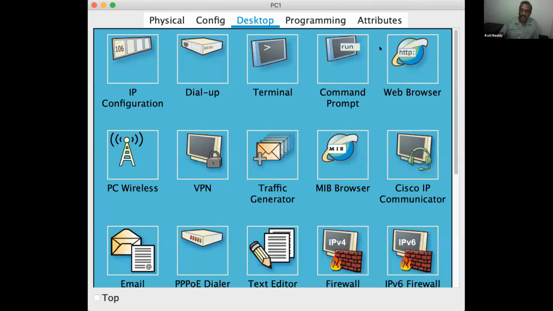Similarly, I go to the server in the HOB network.